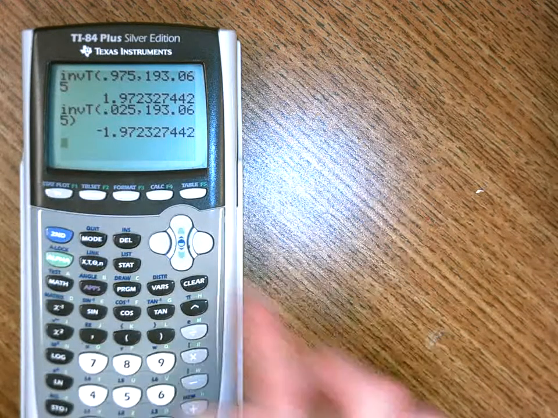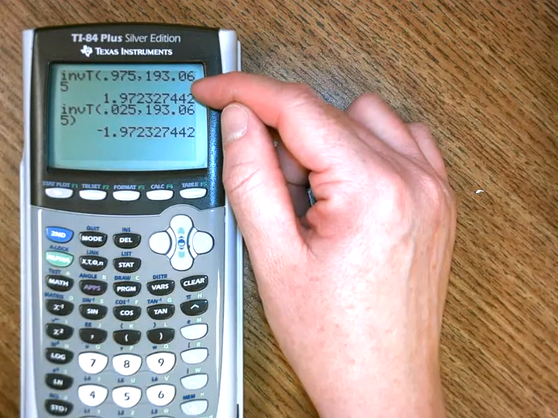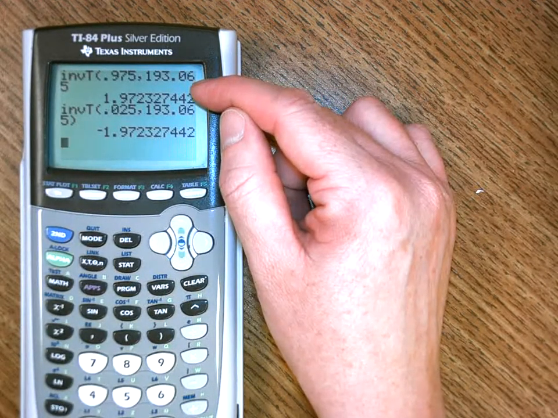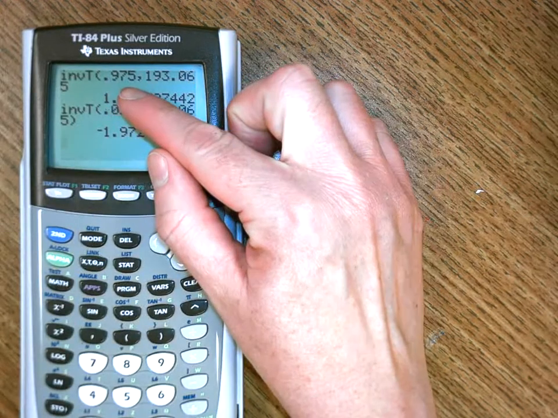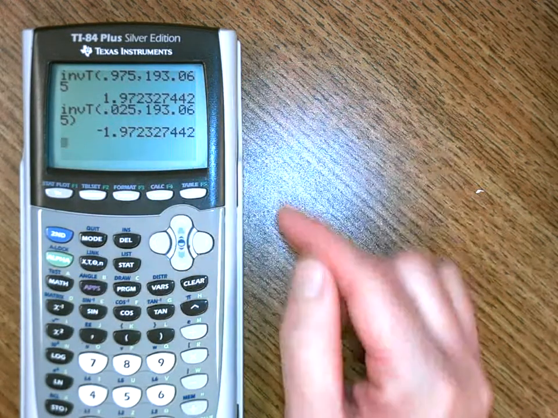The above one up here was positive because I put in the tail 0.025 plus the 0.95, which makes up the 0.975 for that T star.